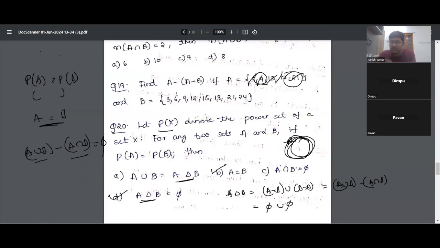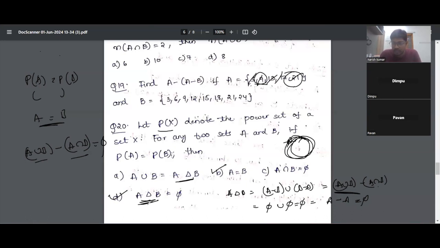The union of null sets is a null set. Now the same with this one: A union B is nothing but A only, because A and B are equal. A intersection B will also be A only, so the common part will be A. A minus A is nothing but a null set. So A delta B is also a null set.